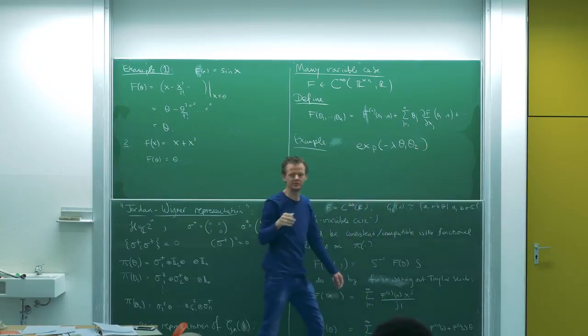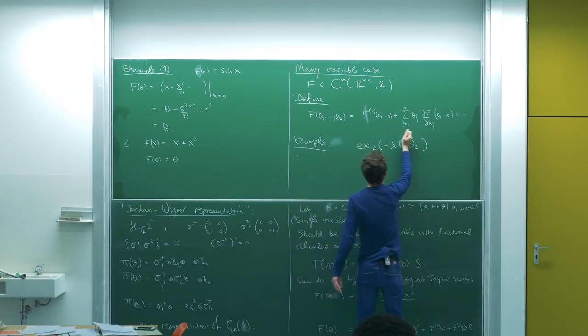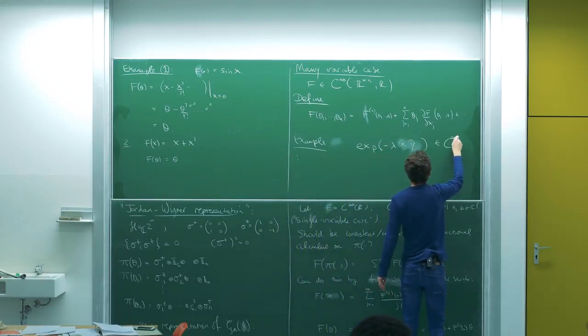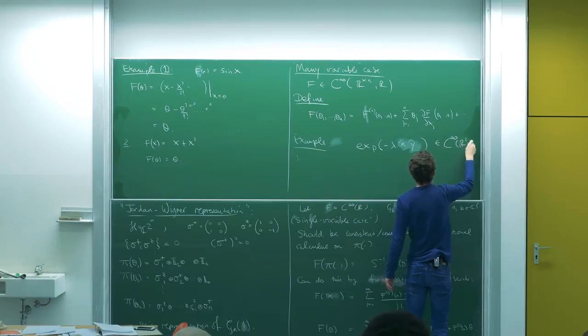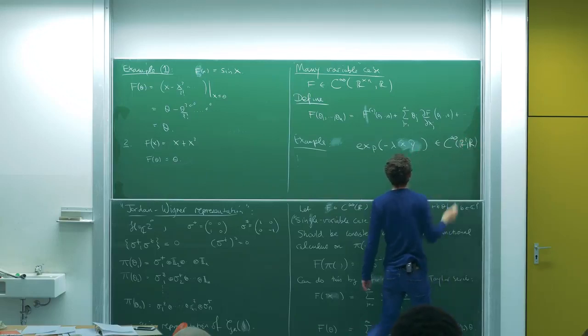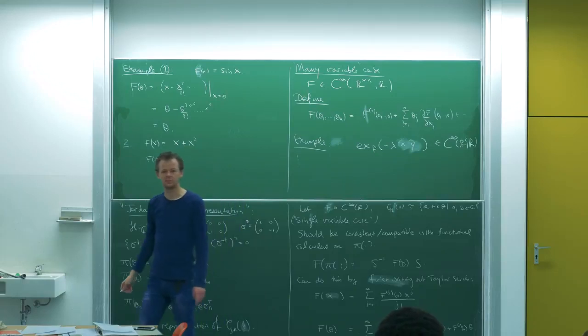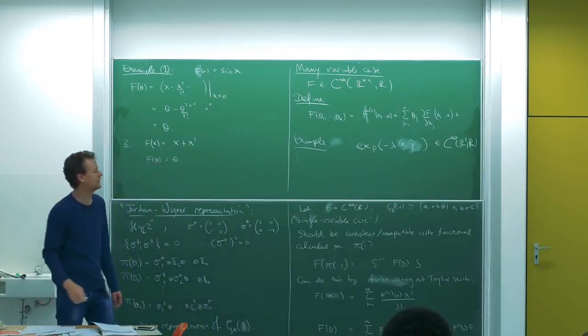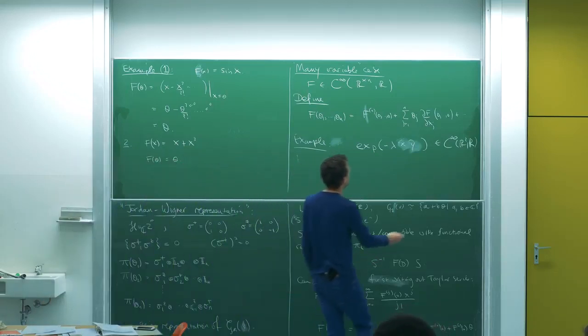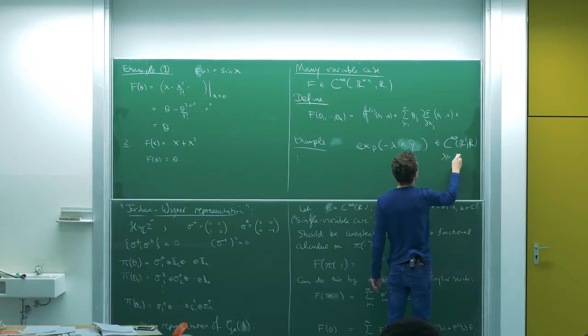Well, sort of a Gaussian. I'll put x, y here. So e to the minus lambda xy is a perfectly well-defined continuous differentiable function.